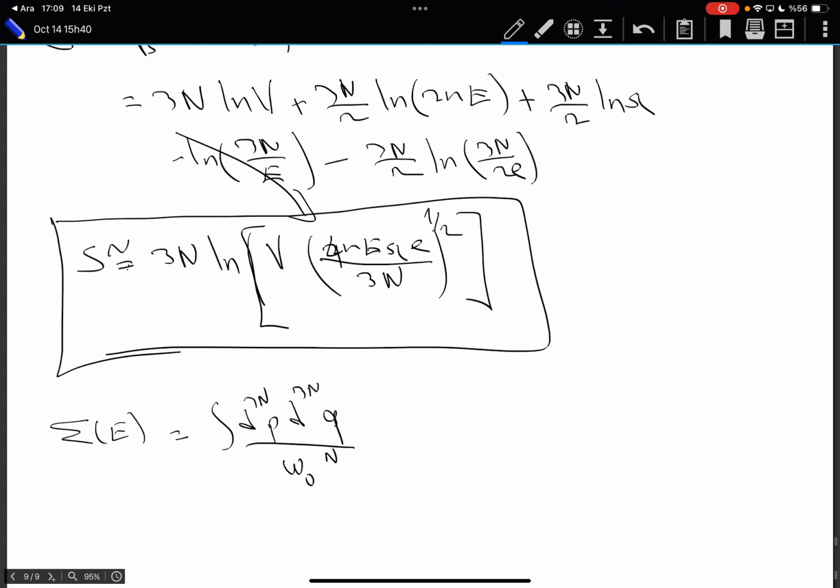So I will have omega 0 to the power n. Omega 0 is some quantum of volume in phase space for a single particle. Well, that will bring here a factor of omega 0 to the power n over 3. That is one thing we have to keep in mind.